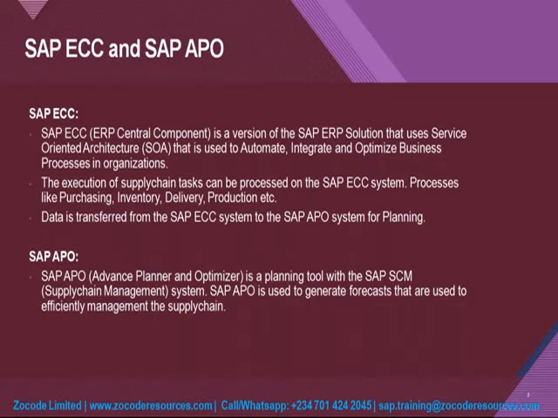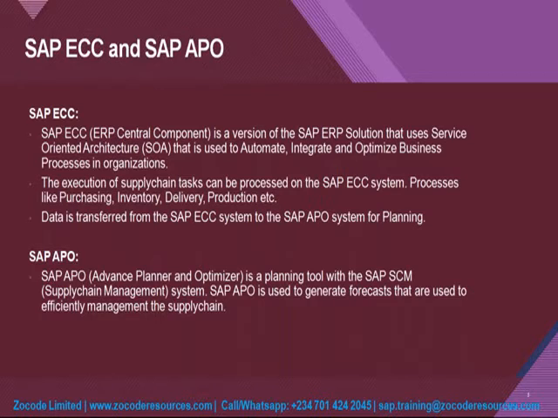The execution of supply chain tasks can be processed on the SAP ECC. Processes like purchasing, inventory, delivery, production. Data is transferred from the ECC system to the APO system for planning.